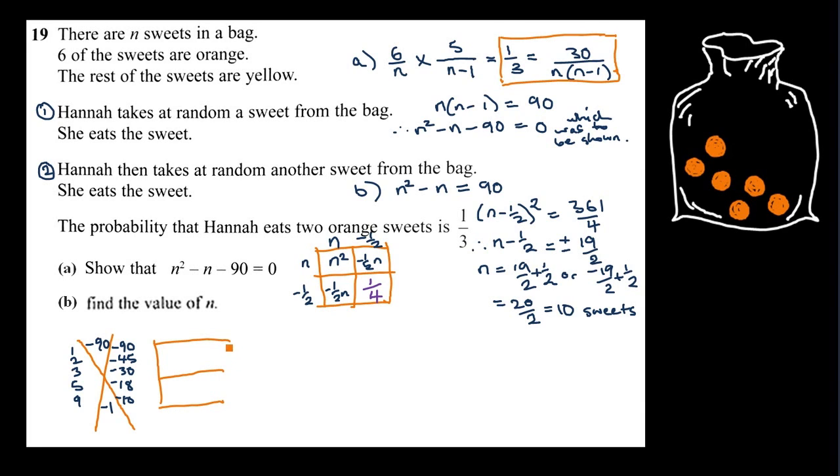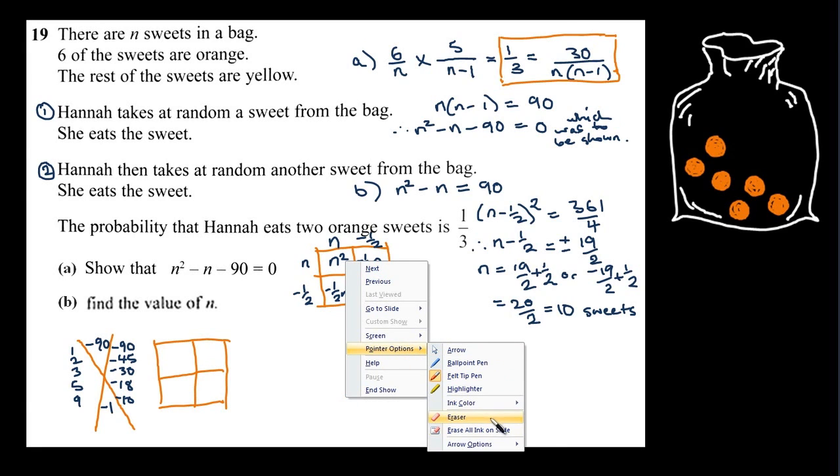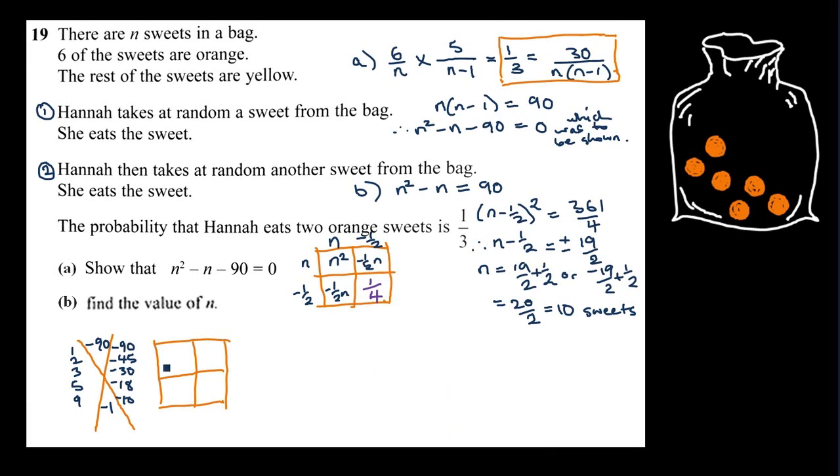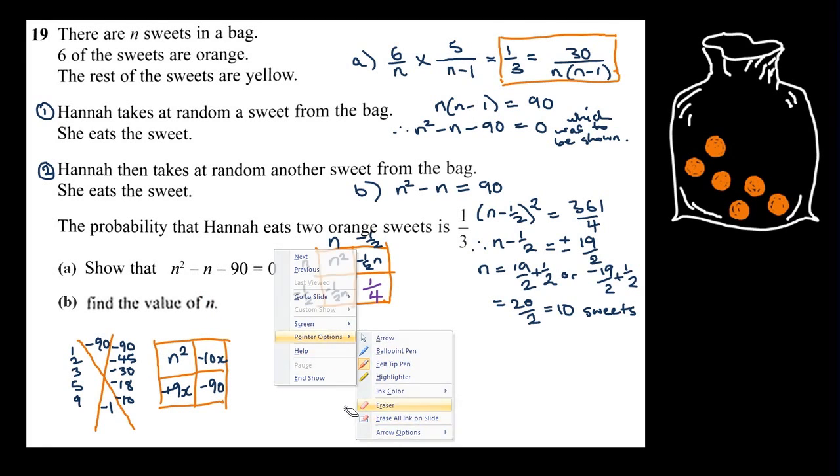So what we've got now, and this isn't a perfect square, is we've got our n squared here, our minus 90 here, and what we're saying is we've got a minus 10n and a plus 9n, and that's how our two middle terms are going to split to give us our minus n.